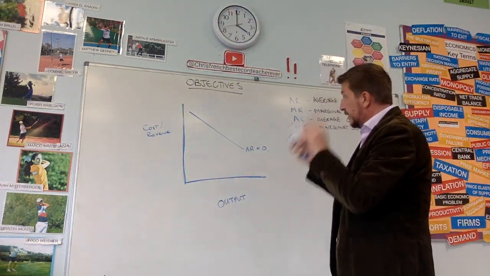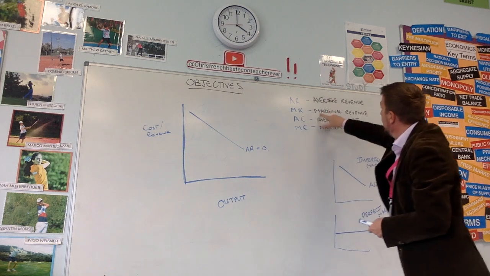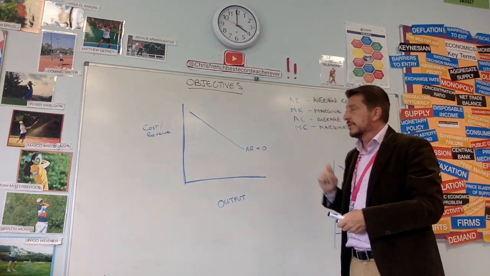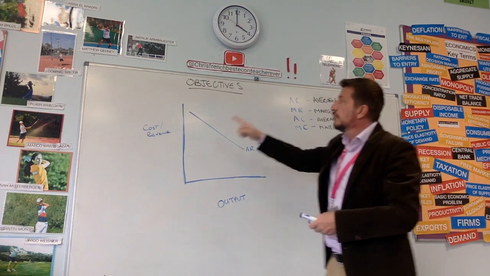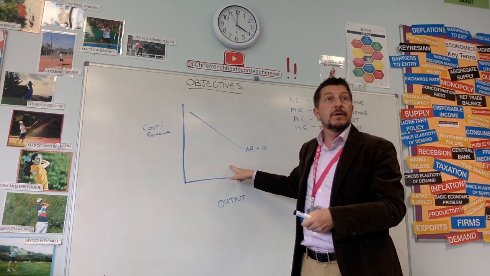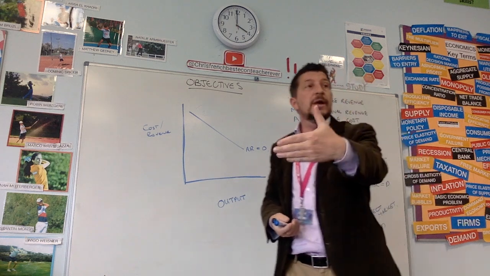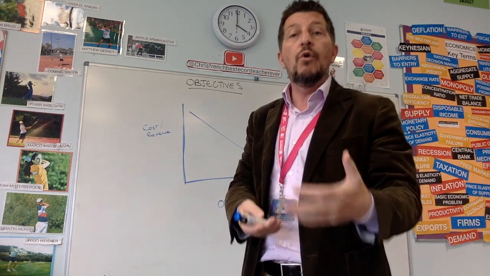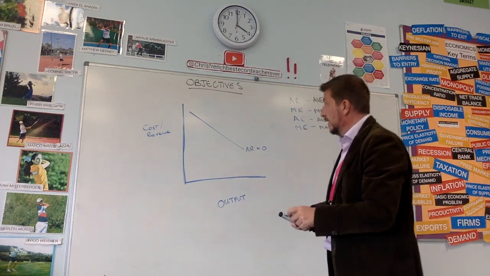Okay? Next, marginal revenue. There are a few really simple things to remember about marginal revenue. The first thing is it drops twice as quickly as average revenue. So as you drop your price, you are going to receive a lower marginal revenue all the way down to zero.